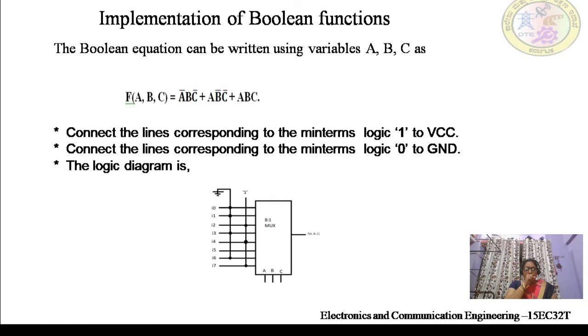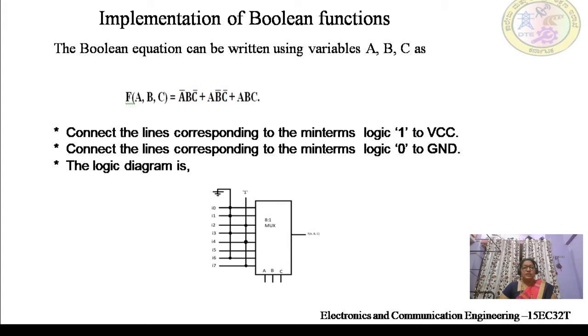In this method, there are three drawbacks. First, since the order of the mux is high, the propagation delay is more. Then since there are 8 input lines, it increases the complexity. And also since the order of the mux is high, the cost will be more.